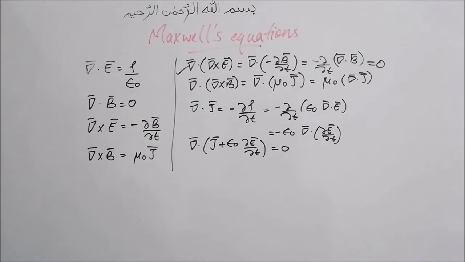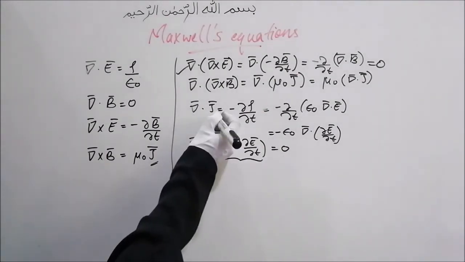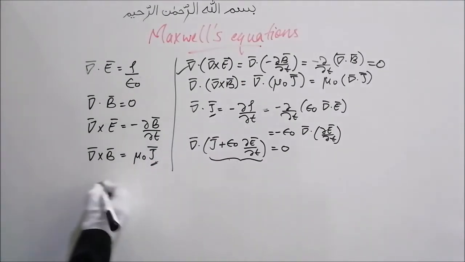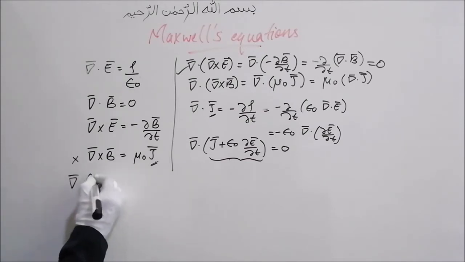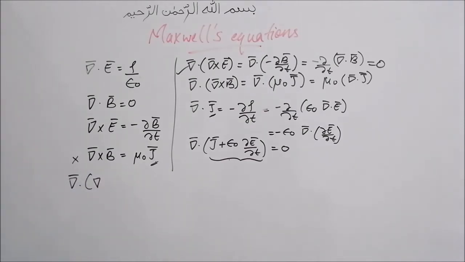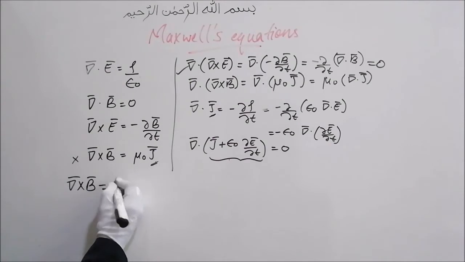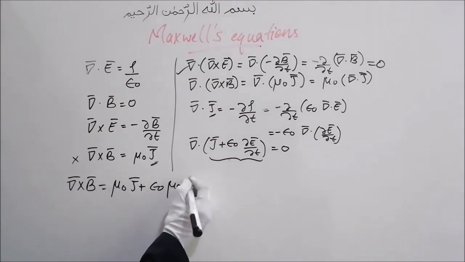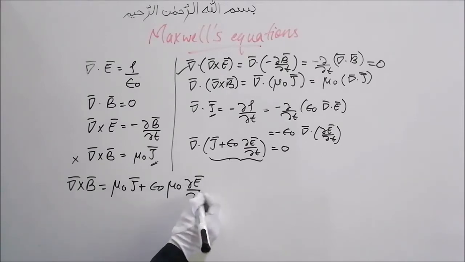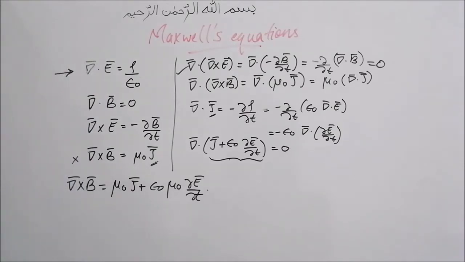So now here we can replace this J with this entire thing, that is, instead of this J which was here we will replace it by this. So now this fourth equation will become del bar cross B bar is equal to mu naught J bar plus epsilon naught mu naught del E bar by del T. So this is the Maxwell's first equation, which is nothing but the Gauss law.